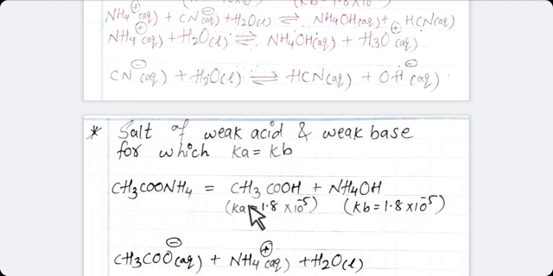So ammonium acetate is made by acetic acid, a weak acid, CH3COOH, having the Ka value 1.8 into 10⁻⁵, plus ammonium hydroxide having the Kb value equal to 1.8 into 10⁻⁵.